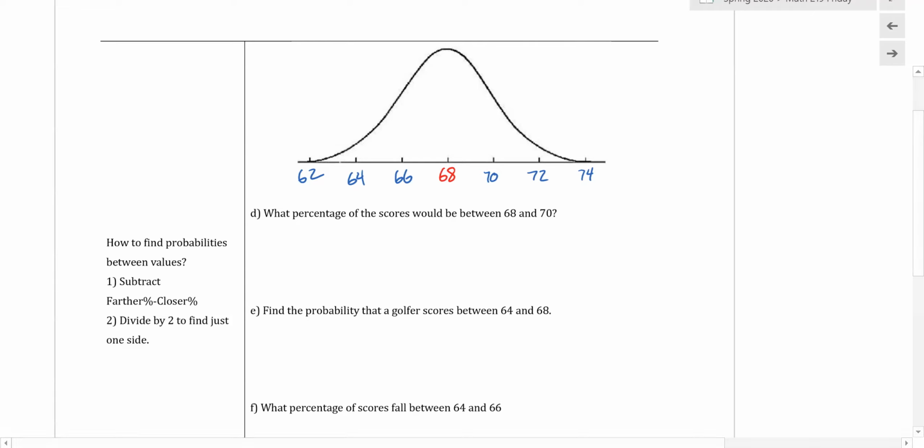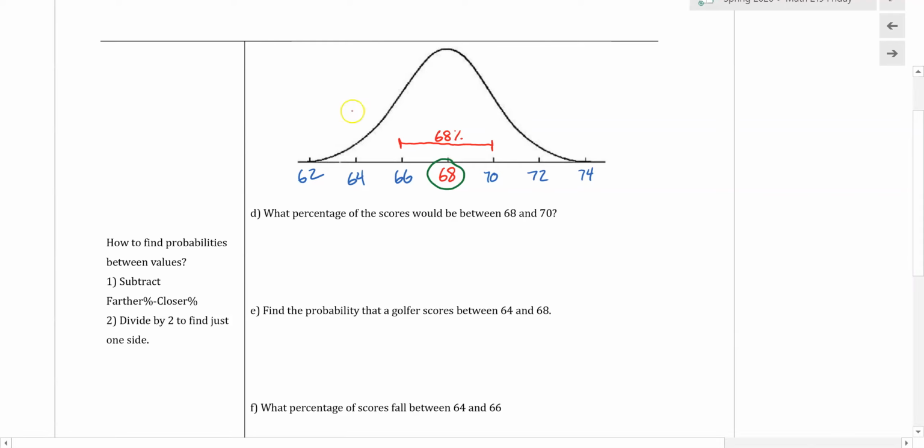If it's helpful, I'm going to add these in. Between here and here, that's 1 standard deviation, that's 68% of my data. Again, it has no relation to the fact that the mean is 68. That's random that those are the same number. This should be a different number to not make things confusing.